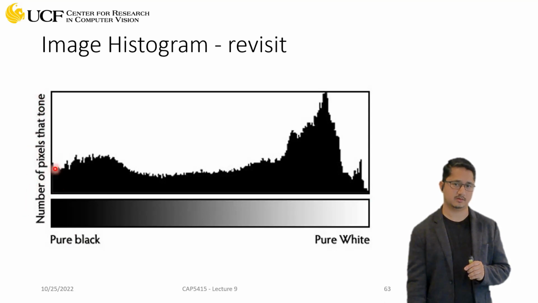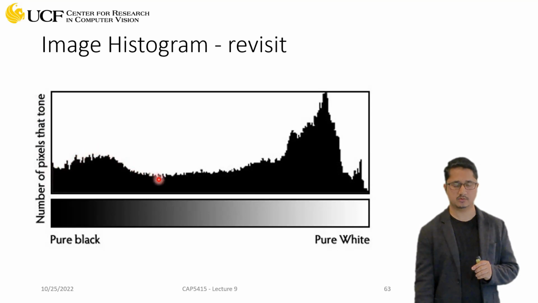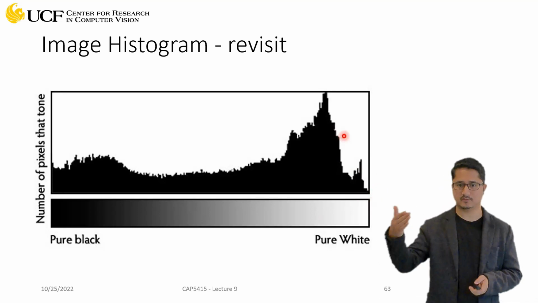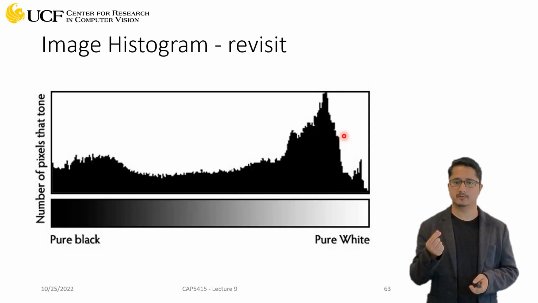So this gives you an intensity profile as well. You can see you have a lot of pixels of this shade, too many pixels of this shade over here, and very few pixels which are completely bright. This is a histogram, and this is one extreme where you have 1 bin for each possible pixel value.